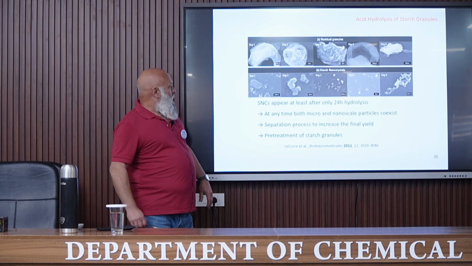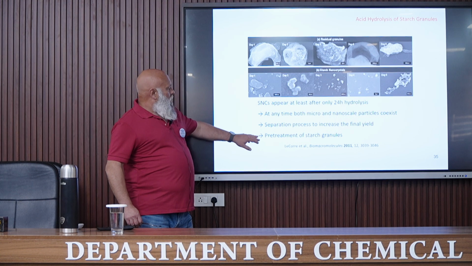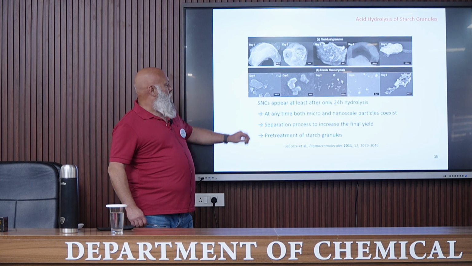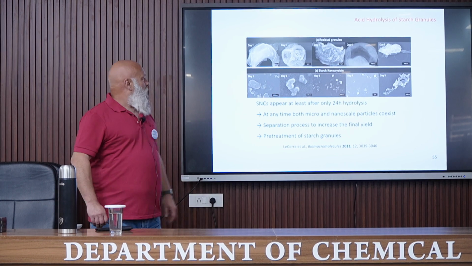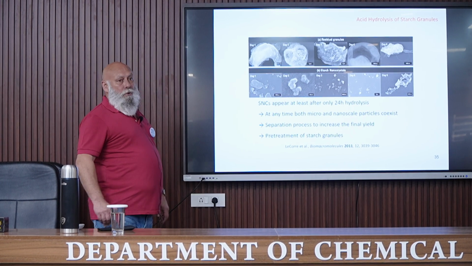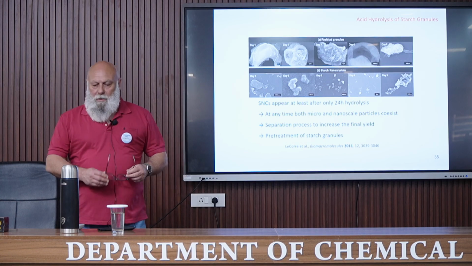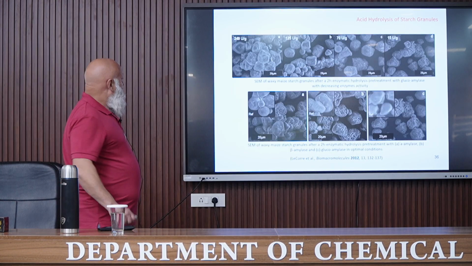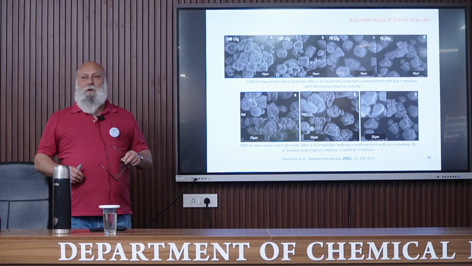You can see after the first day or up to day 5, some nanocrystals are obtained and some granules remain. So different strategies have been used or tried to extract the nanocrystals that have been formed during the first day of the acid hydrolysis treatment, but it was not really successful. I will just show you one. It consists of an enzymatic hydrolysis pretreatment of starch granules before the acid hydrolysis treatment.